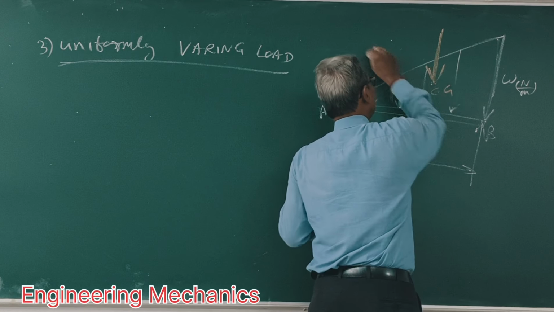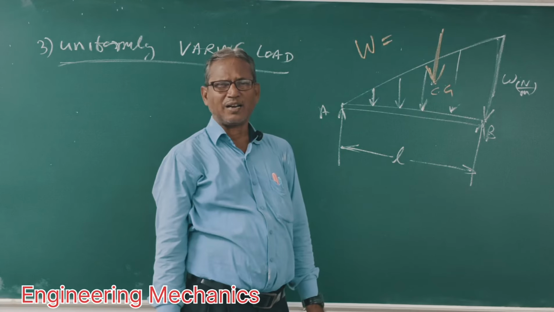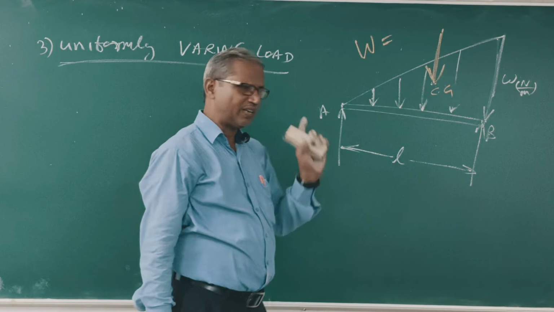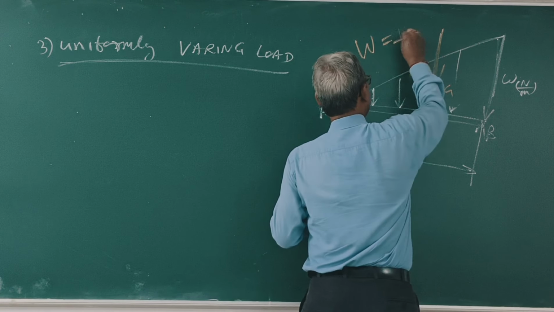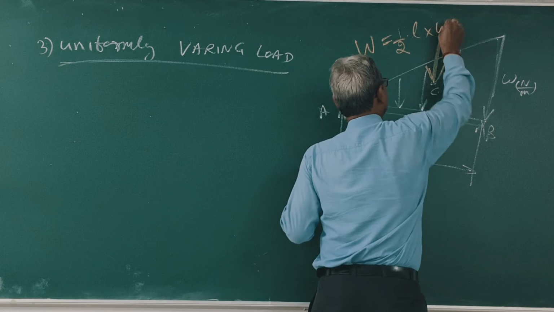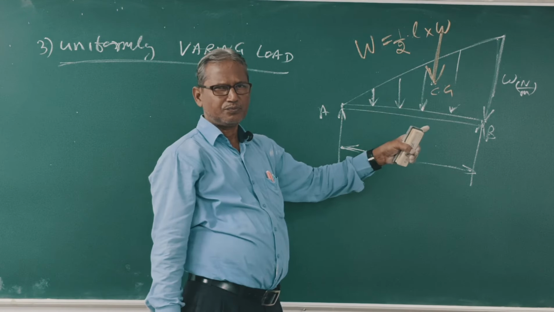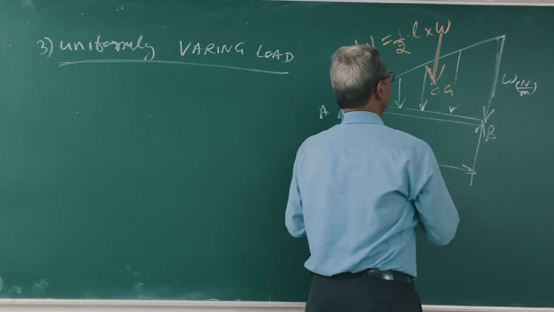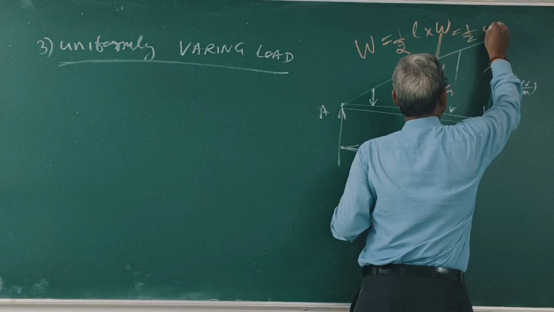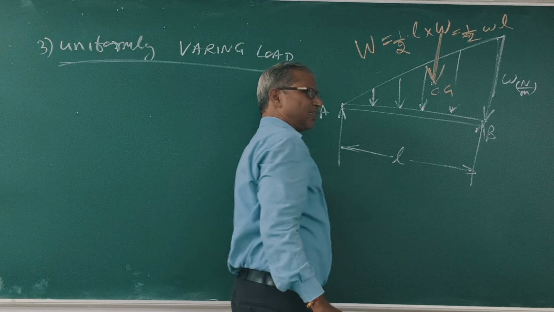What is the area of the triangle? Half into base into height. Half into base L, height small w. So this is equal to half w L. This will act at the CG of the loaded portion.